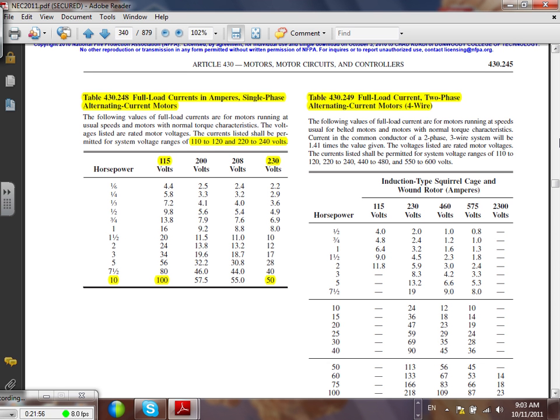But if you do get into a two-phase system and two-phase motor, I heard there's one building in downtown St. Paul that runs motors with two-phase. And don't confuse it with two-phase coming from a three-phase system, Ashley. This is not two-phase coming from a three-phase system. This is a two-phase standalone system. Okay, so we'll get that one here.